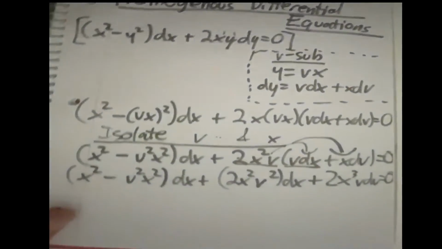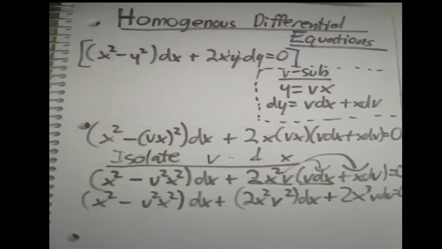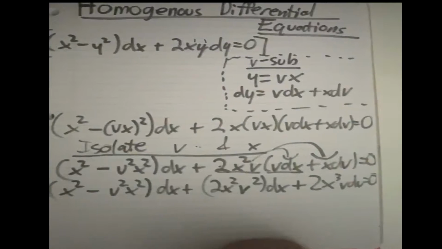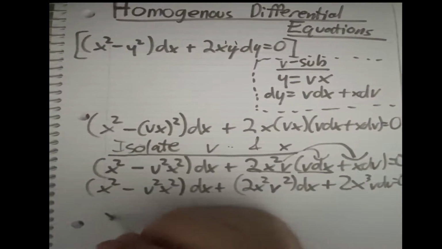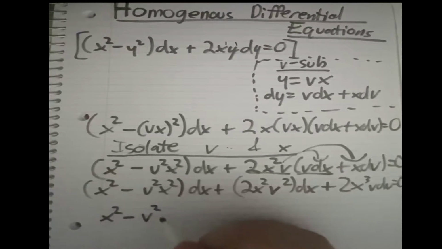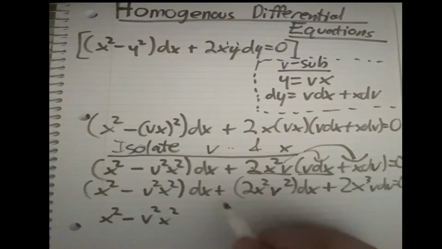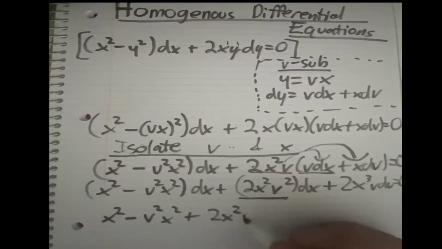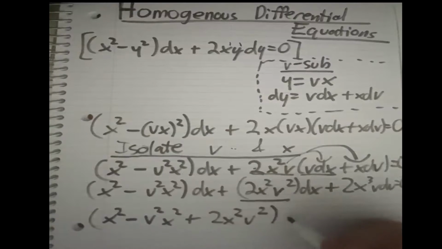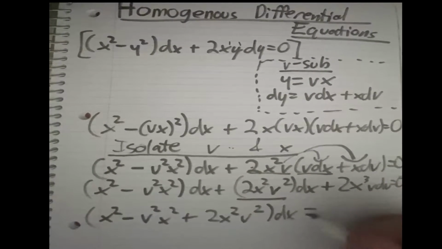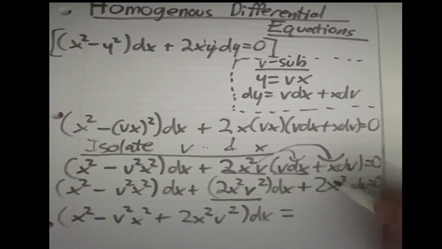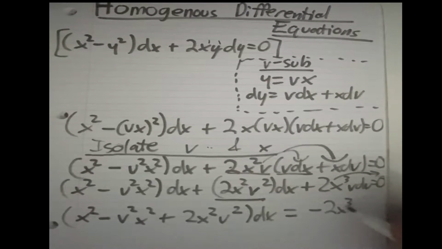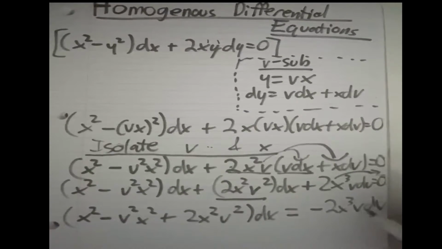Now with that, we're going to keep simplifying a little bit further. We're going to combine the x terms and the v terms. So x squared minus v squared x squared plus 2x squared v squared dx is equal to, since we're going to bring this over the equal sign, we're going to change the sign, negative 2x cubed v dv.